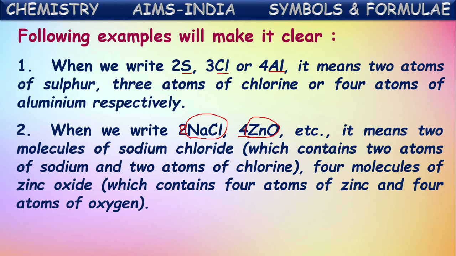From this also we can say how many atoms of each element are there in total. Isn't it? We can say 4 atoms of zinc and 4 atoms of oxygen. This number will be applied to all the atoms present in the molecule if a number is written in front.